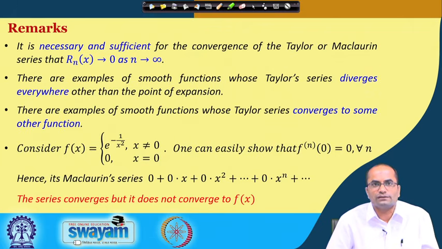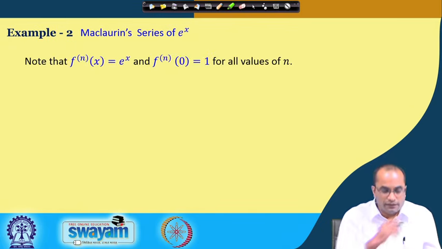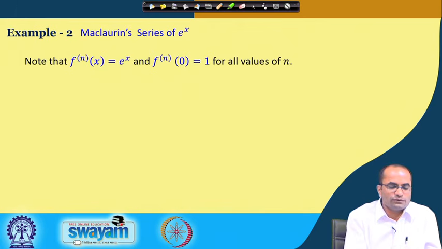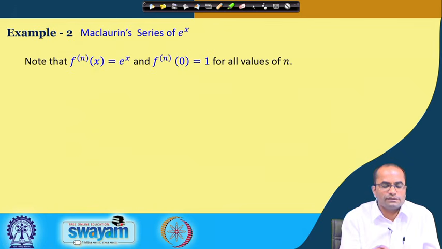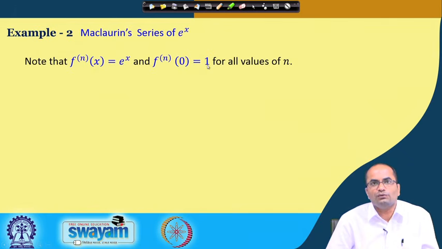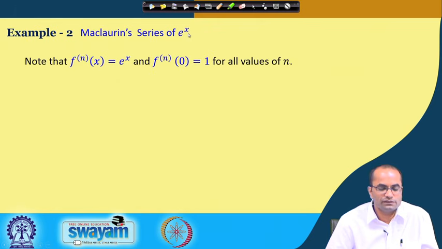Now, let us take this example of the Maclaurin series of e^x. Whatever derivative we take for this exponential function, it is just e^x, and at 0 we have the value 1. So for all values of n, all the derivatives of this exponential function at 0 are 1.